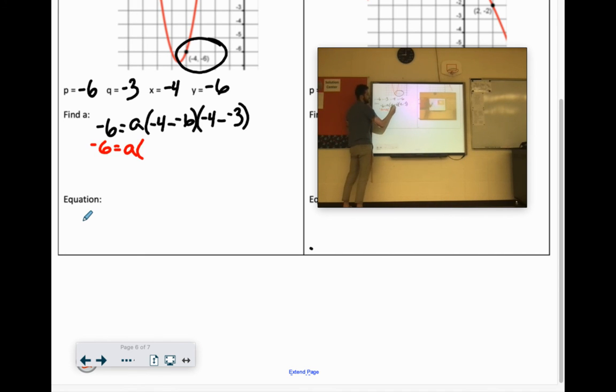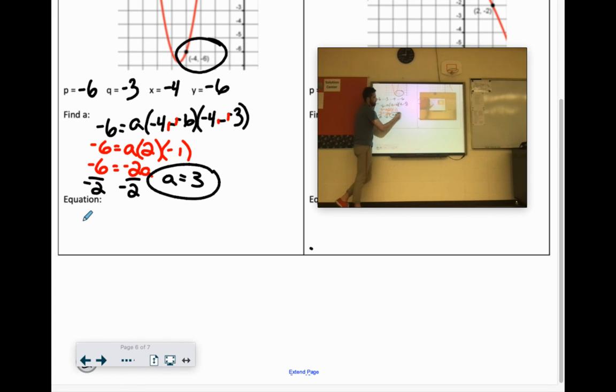Remember, when you subtract a negative, it becomes positive. So negative 4 plus 6 is 2. Negative 4 plus 3 is negative 1. 2 times negative 1 is negative 2, so negative 6 equals negative 2A. Divided by negative 2, we will get A equals 3. So this one has a stretch of 3.